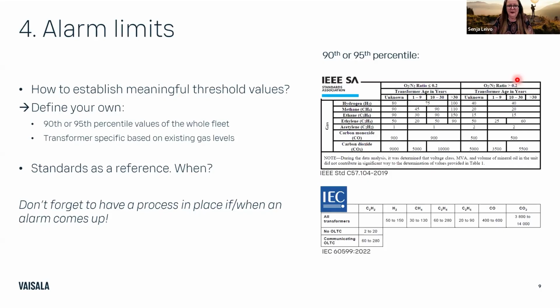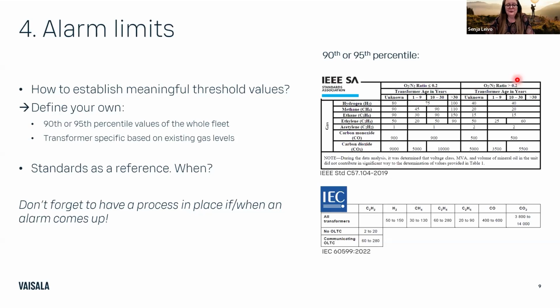Okay. So, alarm limits. This is definitely a hot topic, many times when talking with people who are starting online monitoring. Of course, if you have a monitor, you want it to give you a red flag when the gas levels increase, and then it comes to the question: what are my alarm limits, what limits should I put on for the relays to trigger the alarm for the control room.